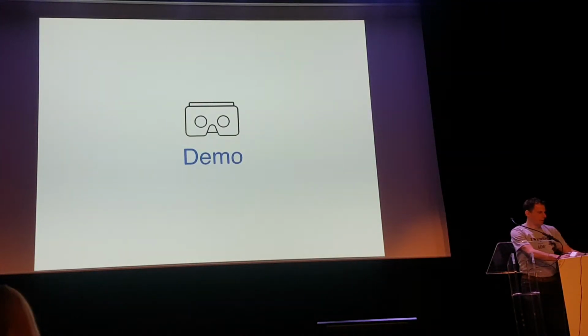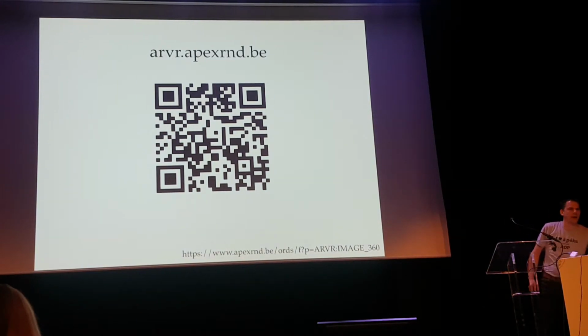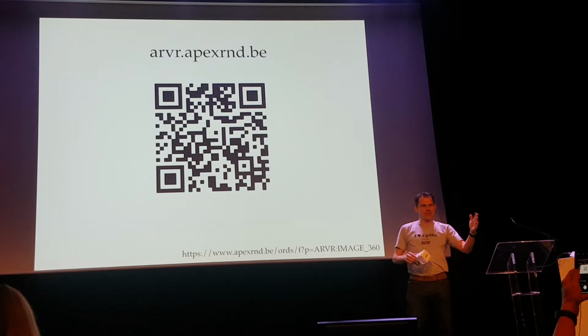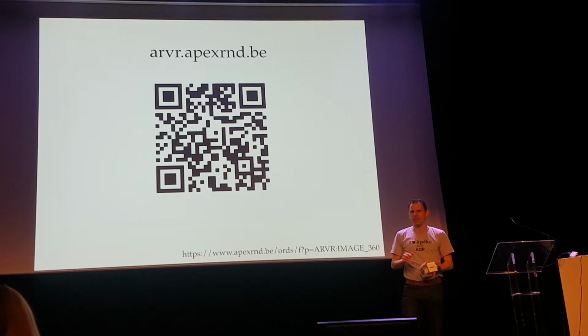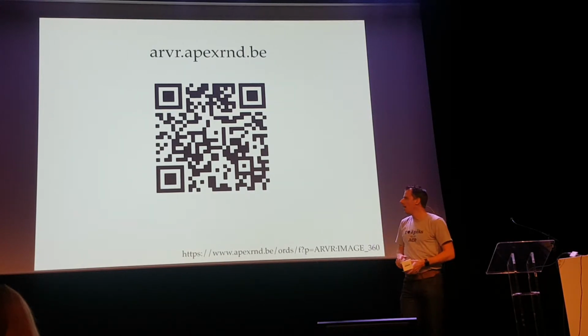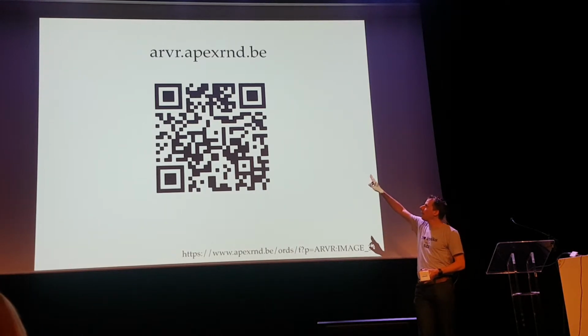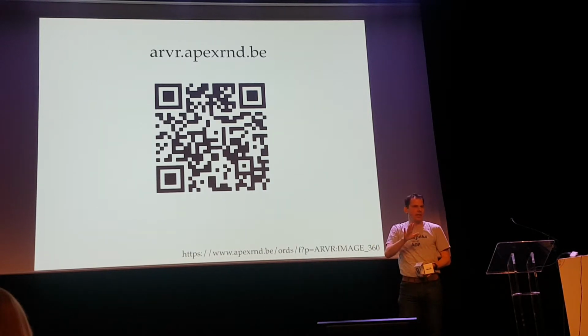Okay, so now the demo. Everybody has a smartphone? If you don't, sit next to somebody who has one. It's best to go to a browser and just type AR-VR-APexWorld-DE. If you scan the QR code, it depends which application you use whether AR and VR is going to work.